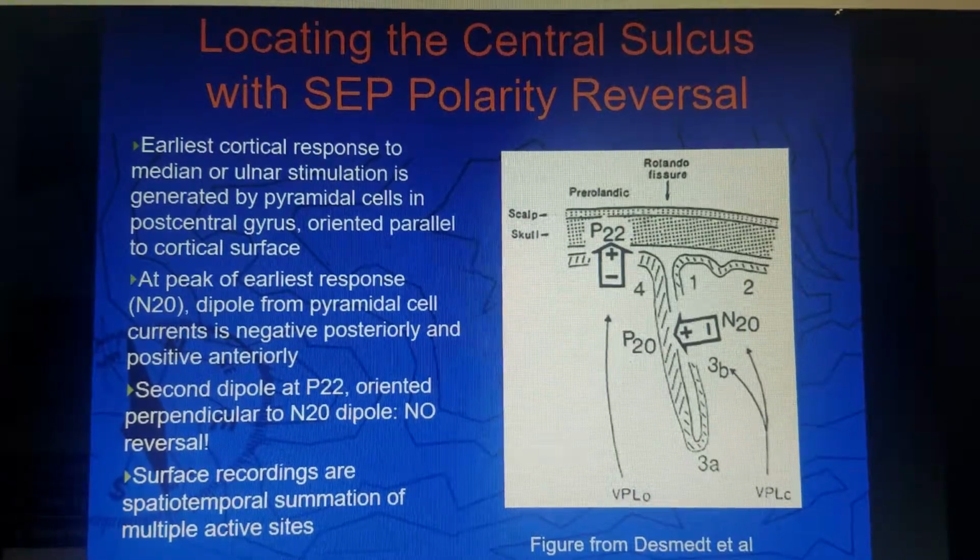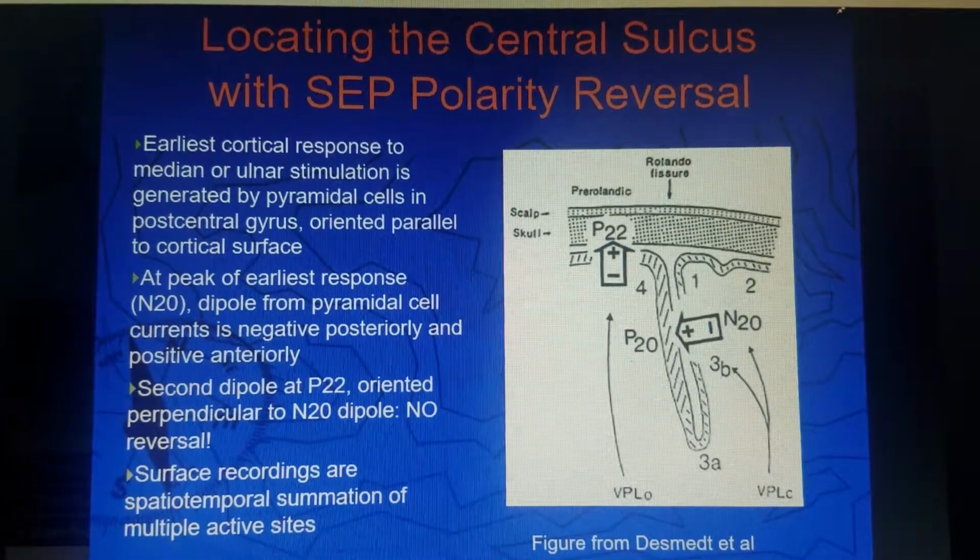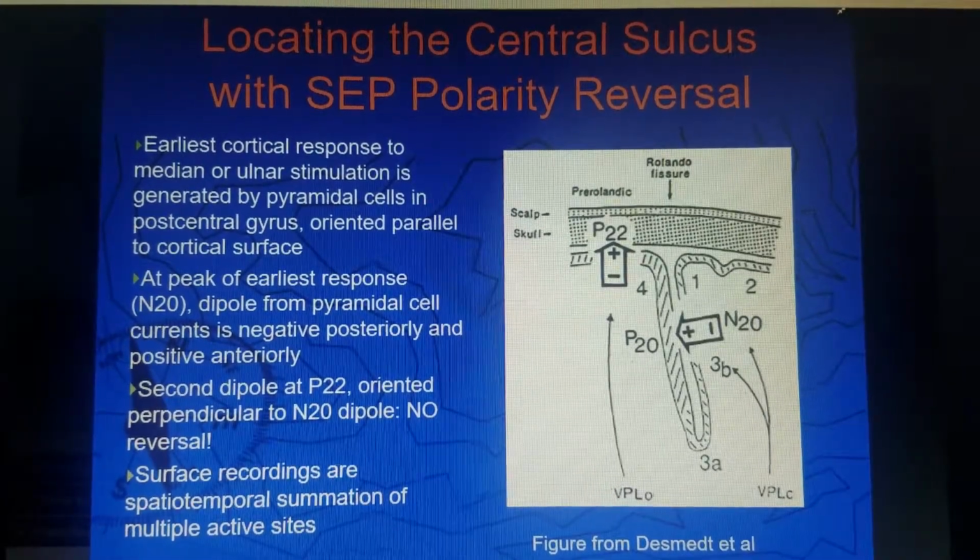That polarity reversal is transmitted, of course, at the cortical surface, but also even at the scalp.